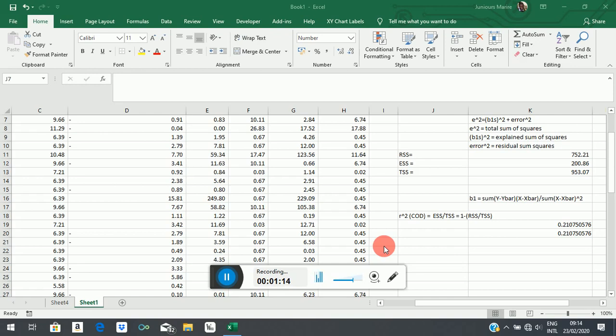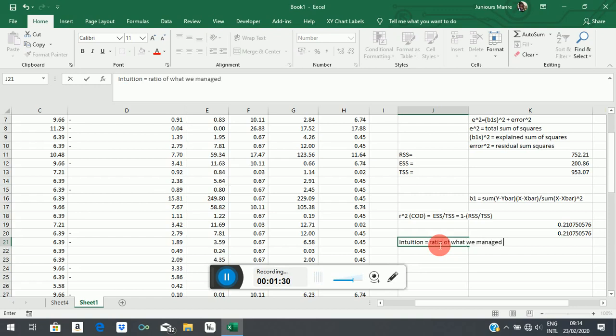The intuition behind the statistic is something like this. We want to take a ratio of what we managed to explain relative to what we failed to explain.